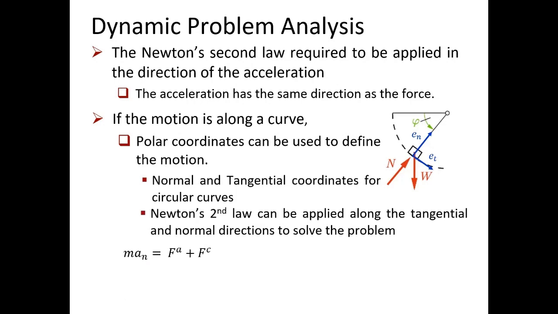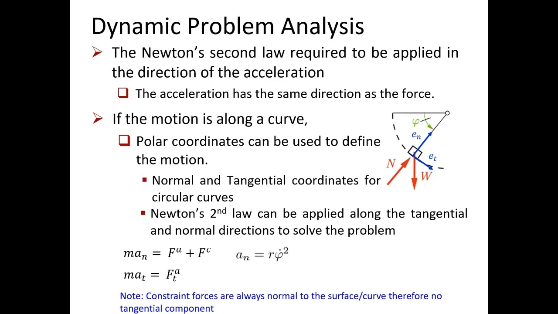And we can apply Newton's second law in the normal direction and tangential direction. So in the normal direction, you get all the forces, the reaction as well as the applied force, depending on the direction of the applied force. But in the tangential direction, the reaction won't come in, because the reaction is always in the normal direction.